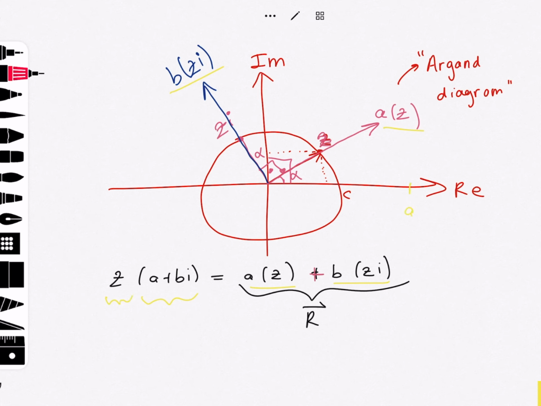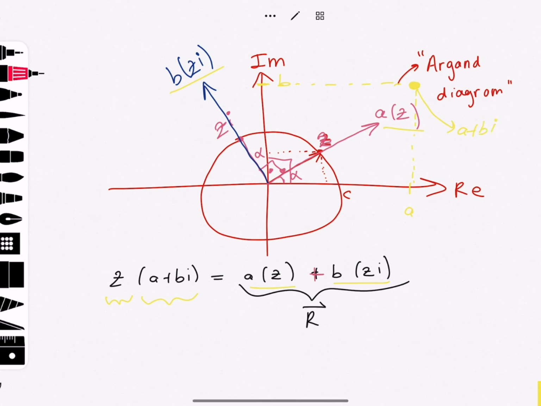This point is a, this point is b, and this will be the tip of the vector which represents the complex number a plus bi. So let's write here a plus bi.